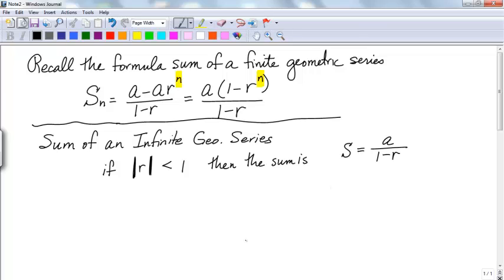A is the first term, r is the common ratio. That's if the absolute value of r is less than 1. If the absolute value of r is greater than or equal to 1, then no sum exists.